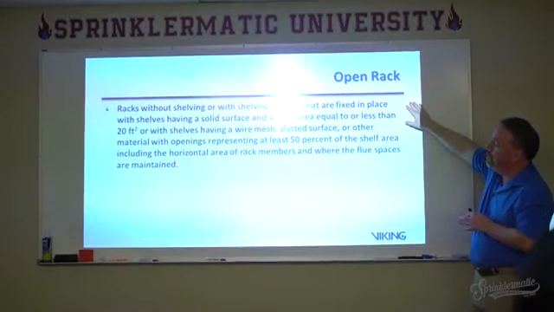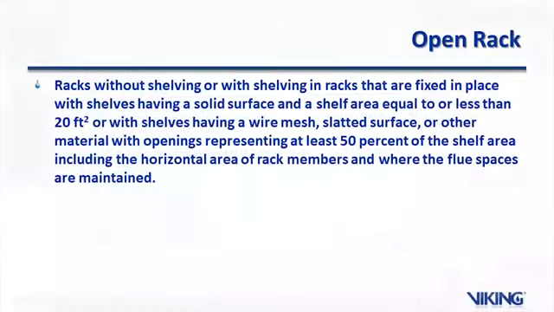So in this case here, an open rack is racks without shelving at all, or with shelving in racks that are fixed in place. But again, no more than or equal to 20 square feet of the shelving. Might have wire mesh, or shelves with wire mesh or a slatted surface. It's got to be more than 50% open. 50% open is the big key there.